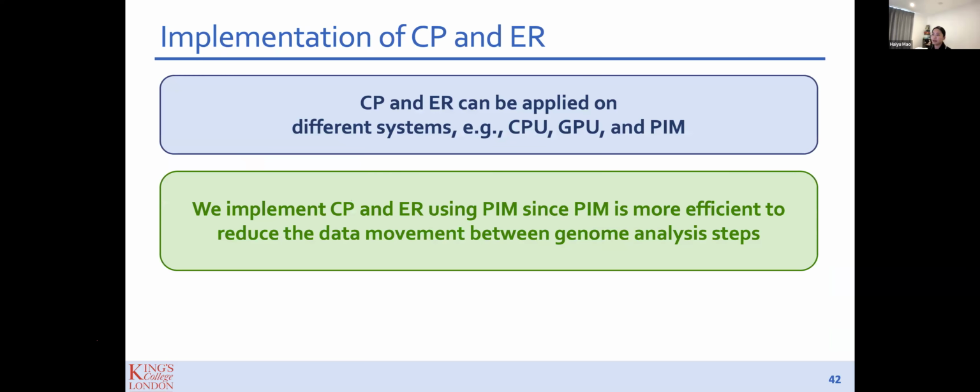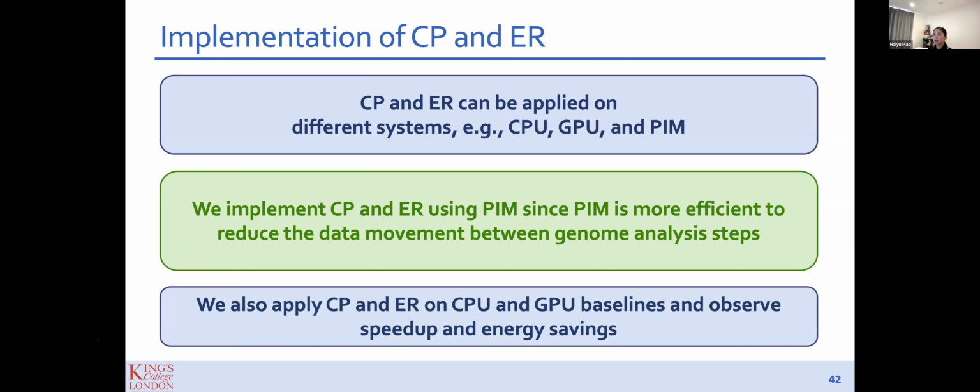Basically, we implement CP and ER using PIM because PIM is more efficient to reduce the data movement between the genome analysis steps, meaning that we provide more opportunity to process the data as soon as possible and find out if this data is useful or not as soon as possible, then reduce the computation and the data movement, right? We also applied CP and ER on CPU and GPU and observed the speedup and energy savings, but not as much as the PIM, of course.